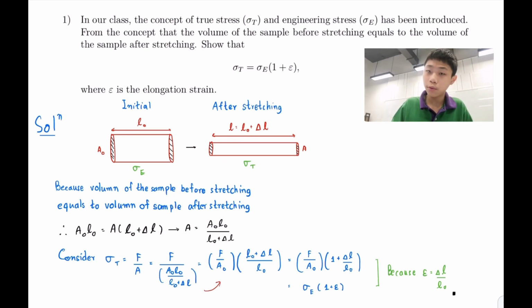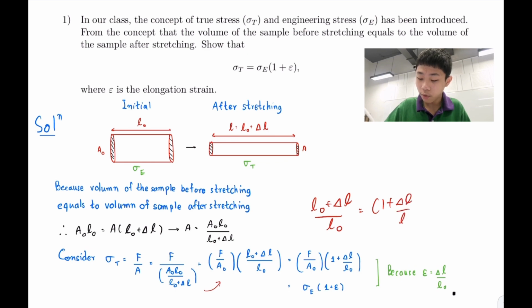Finally, we consider the true stress. True stress is equal to force divided by area, and then we substitute A is equal to this expression. So true stress is equal to F divided by A0 L0 over (L0 plus delta L), and then we can use algebraic manipulation to get this. Moreover, consider (L0 plus delta L) divided by L0 is equal to 1 plus delta L divided by L0.